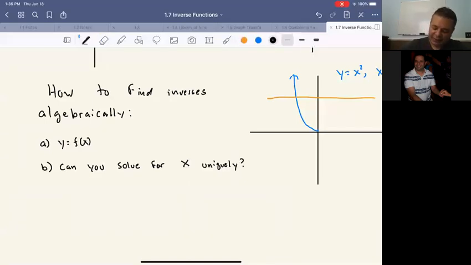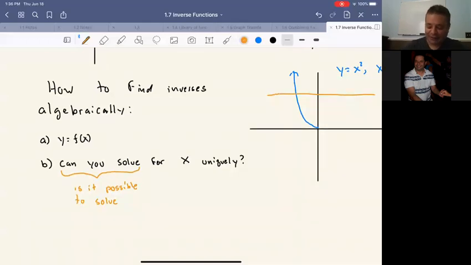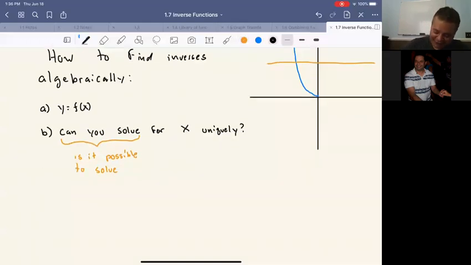And when I say can you solve, I don't mean you personally. I mean, is it possible? I know a lot of students will be like, can you? No, I'm done. Yay. That's not how we're going to work here.